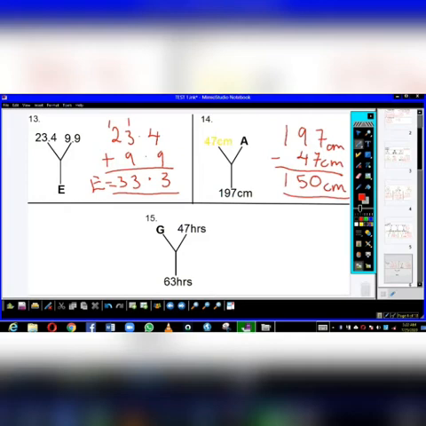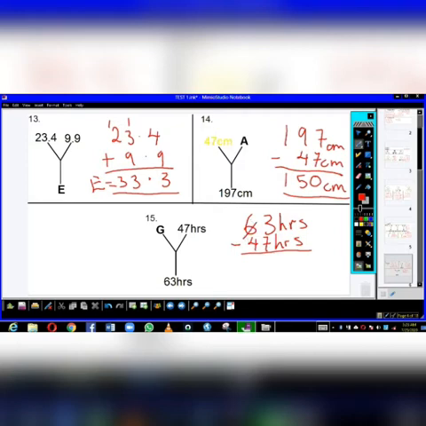Okay, now let's proceed to number 15. Here we're going to find the value of G. Of course, we need to subtract since the answer has been given. So we'll say 63 hours minus 47 hours. Okay, it is not possible for us to take away 7 from 3, so we need to borrow.